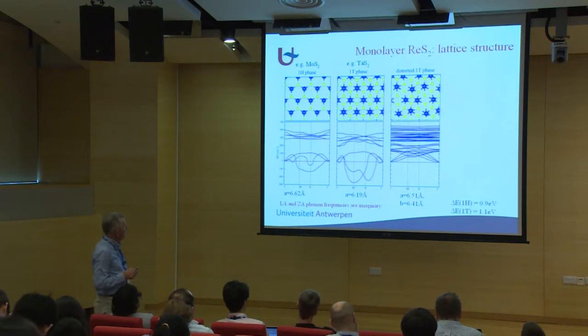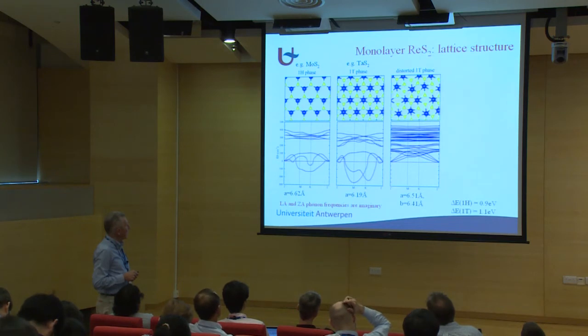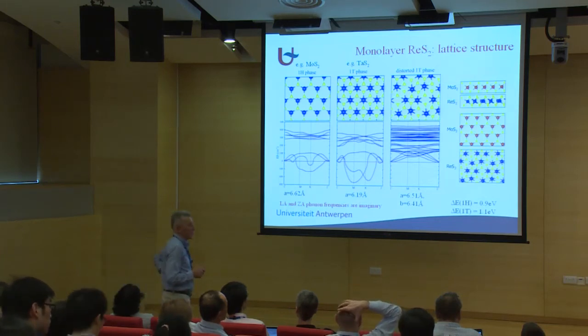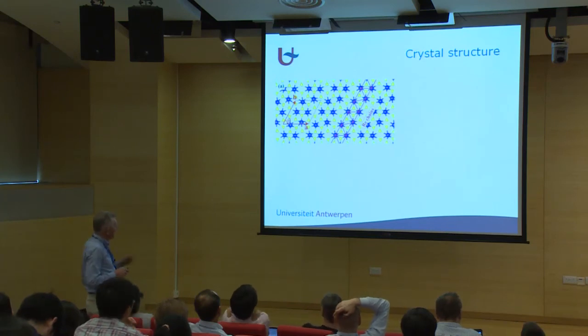Now if we force the system into the 1H phase, as long as you do not look at the phonons, you can calculate the electronic energy and compare it with the energy of the 1T phase. The 1T phase has 0.9 eV lower energy, and the distorted 1T phase is 1.1 eV lower. Is that energy per atom? Per unit cell. So the crystal structure looks as follows.